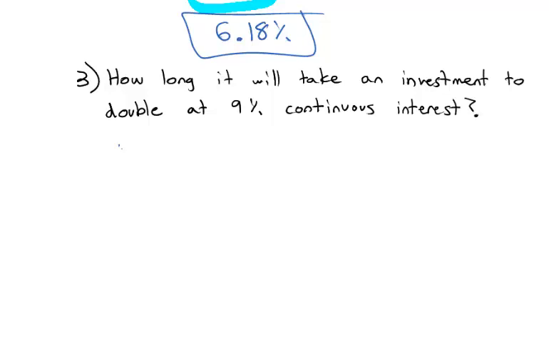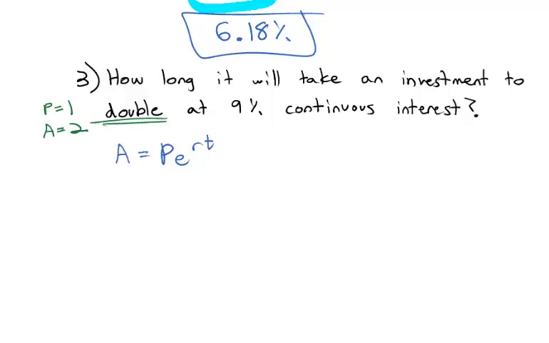Well, we know we've got A equals P e to the rt. And we don't really care about the amount. We just want it to double. I always like to start with 1 if I can pick whatever I want. If we start with 1, the final amount is going to be double that, which is 2.